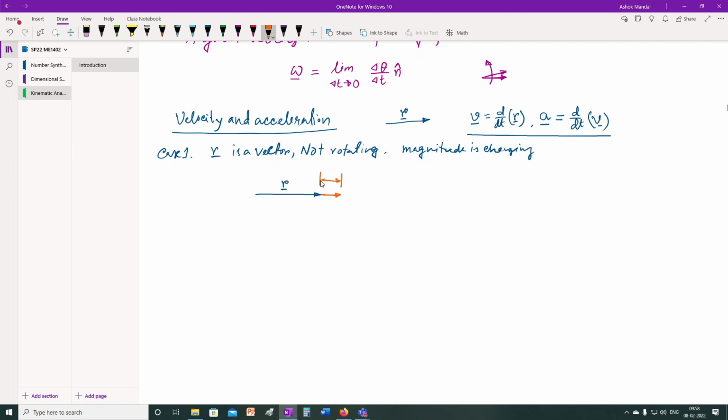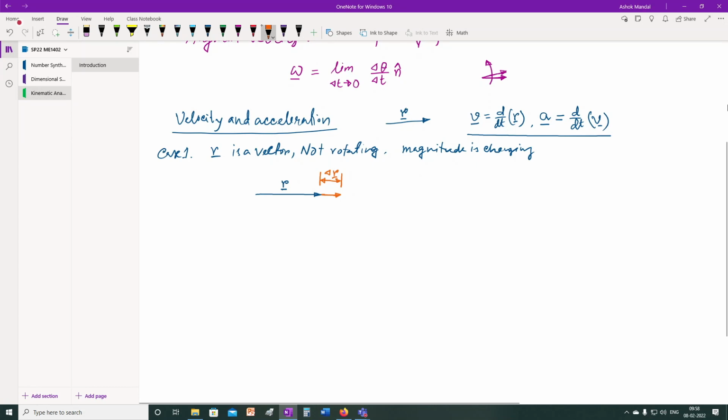The magnitude is increased. As I said, the vector is not rotating, it is only changing its magnitude. This change in magnitude we'll call delta R.